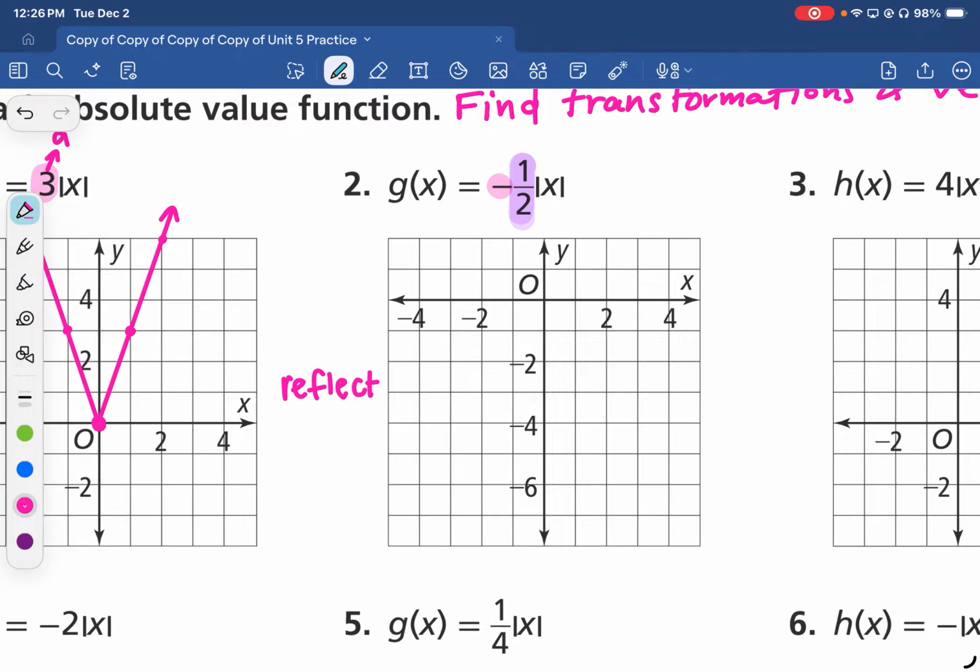What does that minus sign right there cause to happen? It is a reflection across the x-axis. What does 1/2 cause to happen? Vertical shrink. Okay. What does -5 cause to happen? To the right 5.